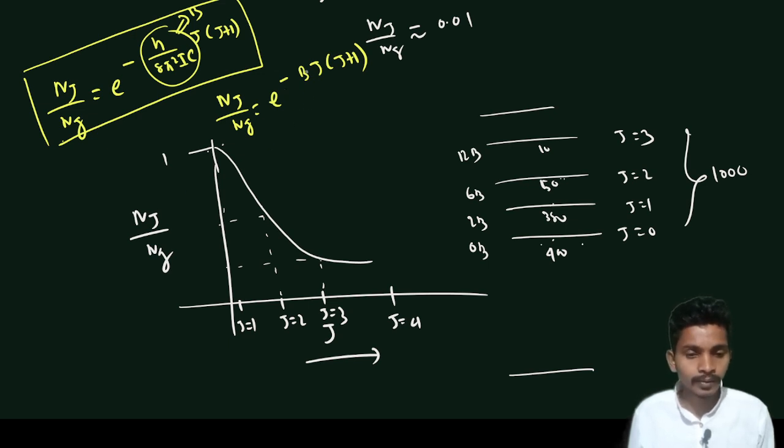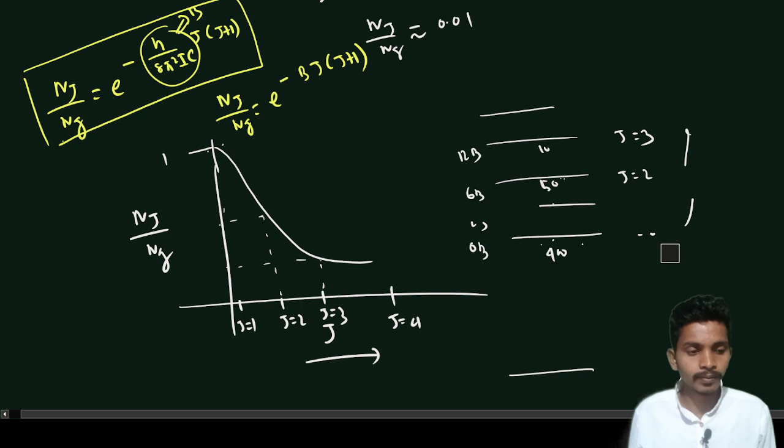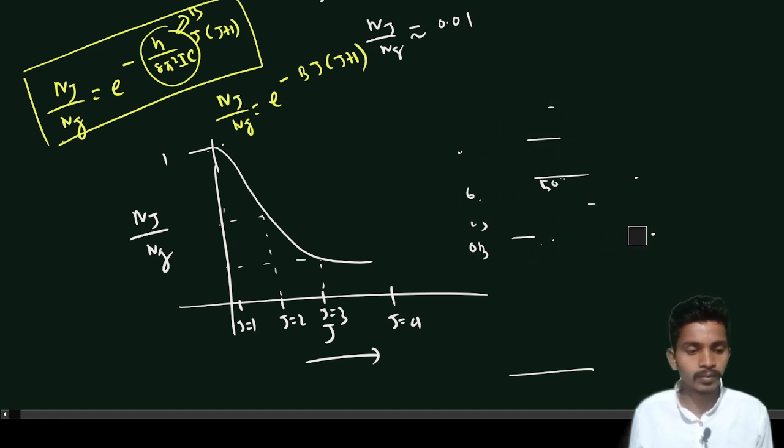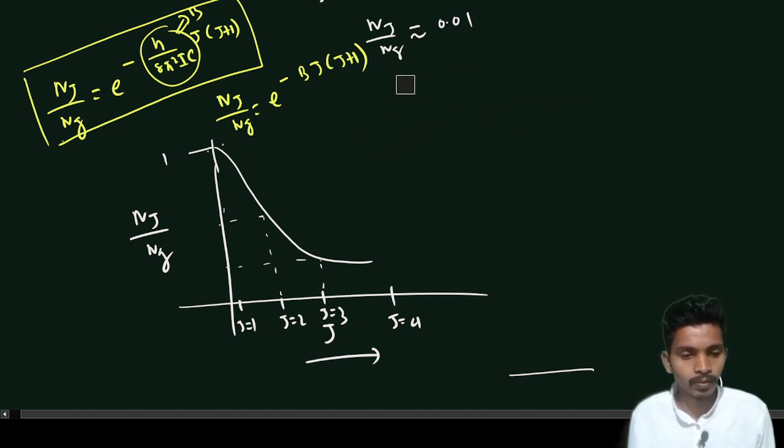Okay, so now if this value B is changed, then what you look here is Nj upon Ng is directly proportional to e to the power minus B j(j+1).